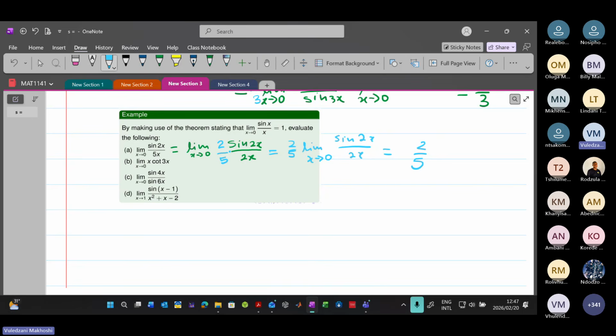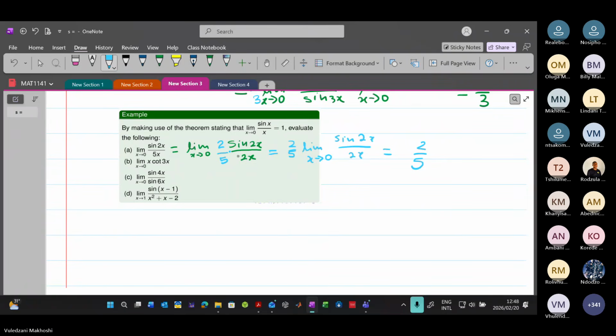In this case, 5x and 2x are not the same. That's the first thing we observe. So I said we want to write this expression like sine of 2x over 2x. But the moment I write sine of 2x over 2x, I will have introduced something which was not there originally, which is a 2.